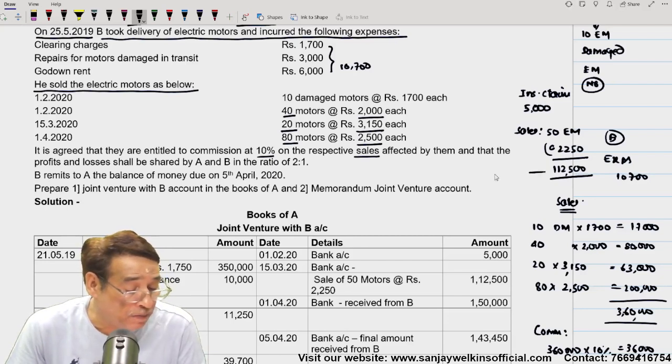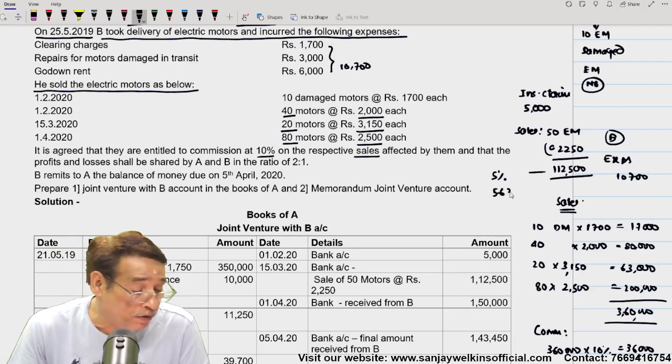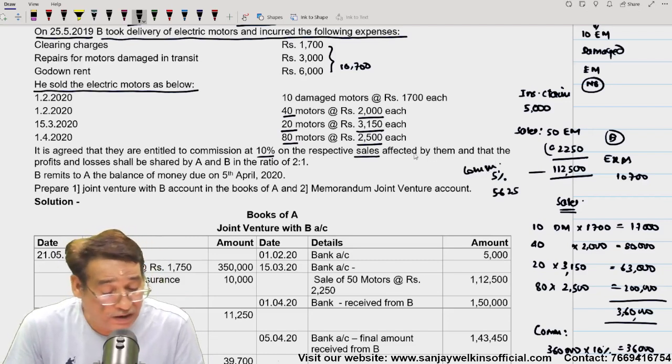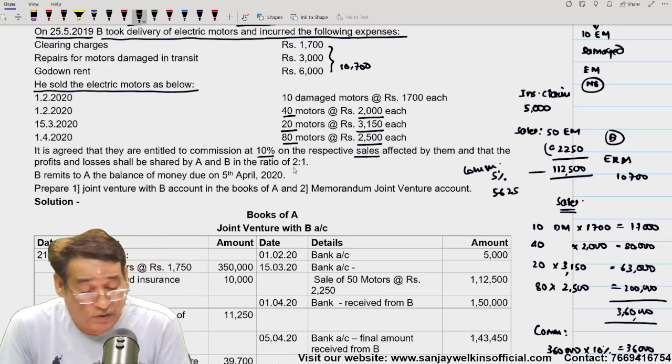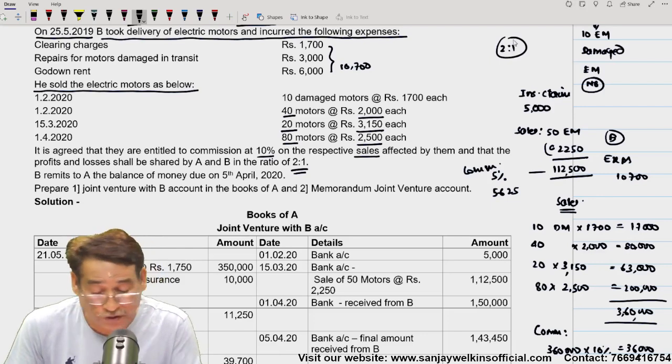And sales commission on it will be 5%. So 5% of this will be equal to 5625. This will be the commission of A. Correct? Further, it is given that they are going to share profits and losses in the ratio of 2:1. This is the profit sharing ratio.